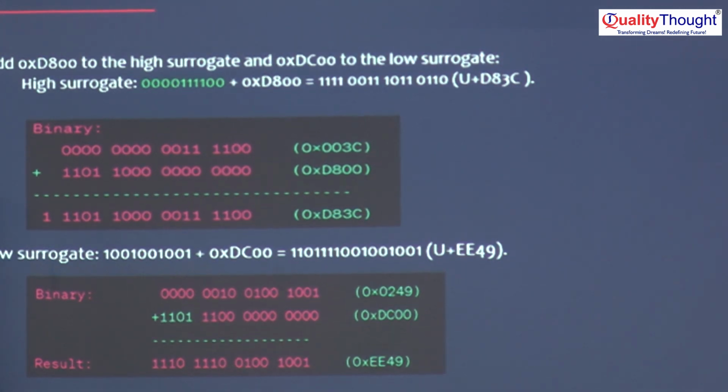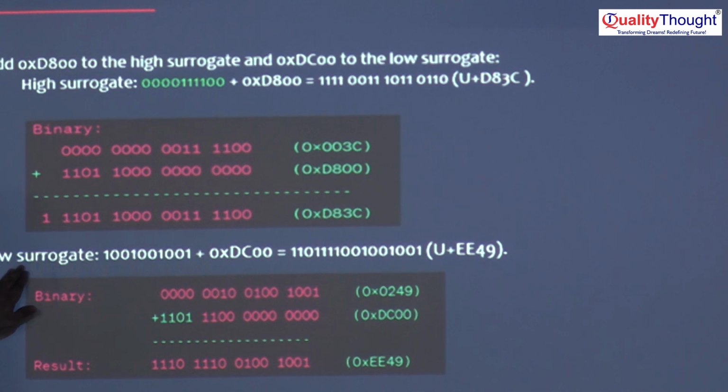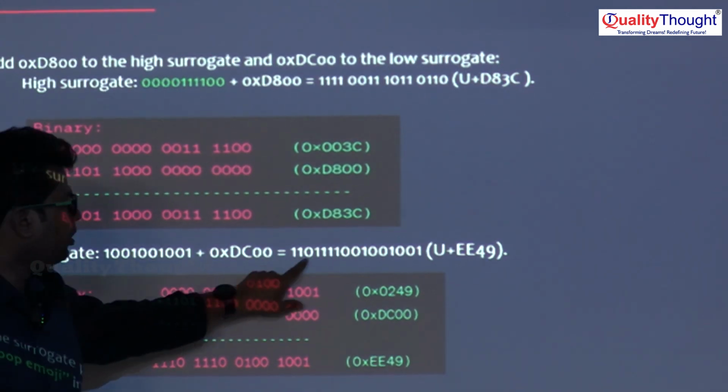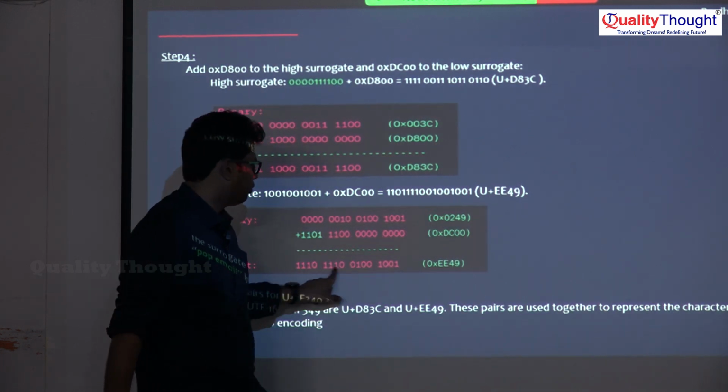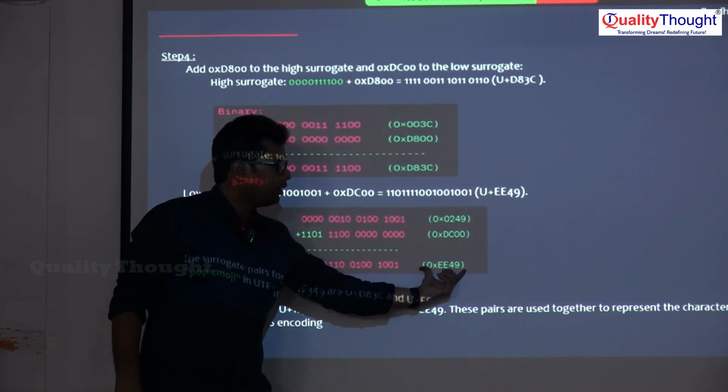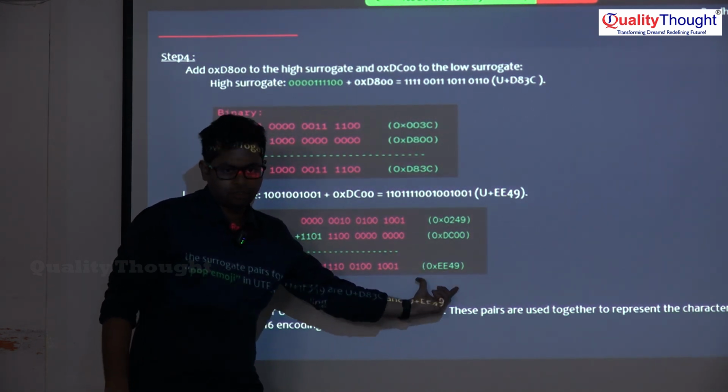Now you need to take the low surrogate and add 0xDC00. So you will get a number like this. Now this is called the first surrogate, this is called the second surrogate, as simple as it is.